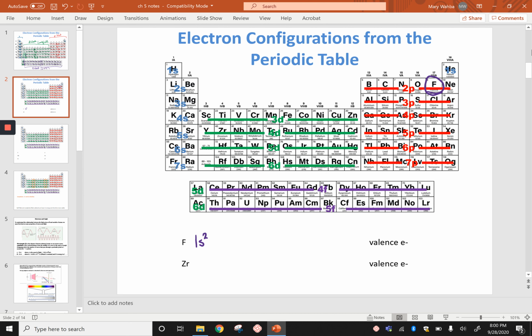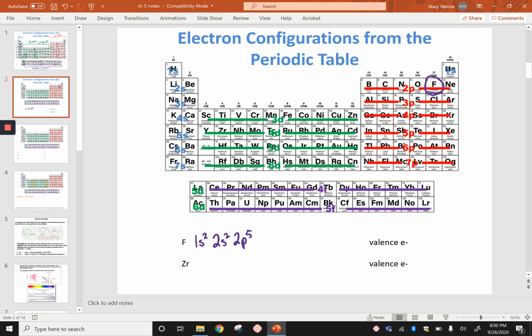Okay, we're done with the first period. Let's go to the next one. Then you find 2s, and there's 2 boxes, so 2s2. Then, after the 2s2, you go here, 2p, and then you count how many boxes? 1, 2, 3, 4, 5. So 2p5. For our valence electrons, those are the electrons in the highest energy level.